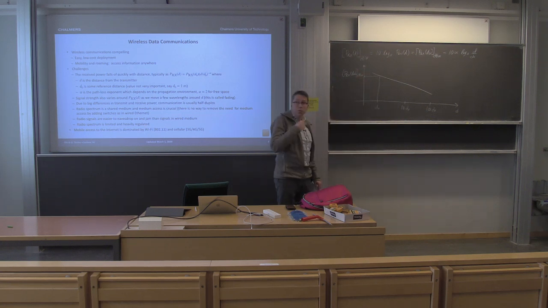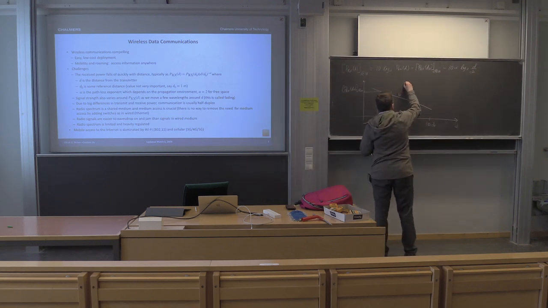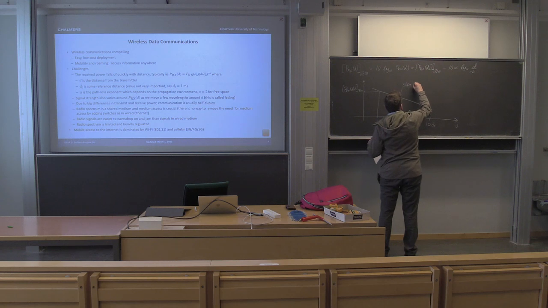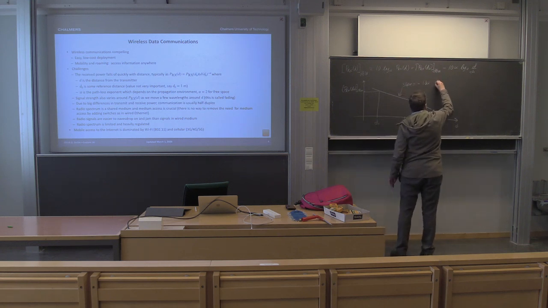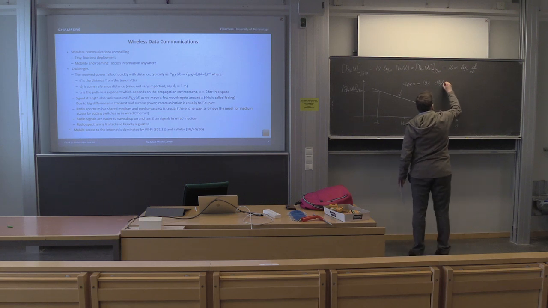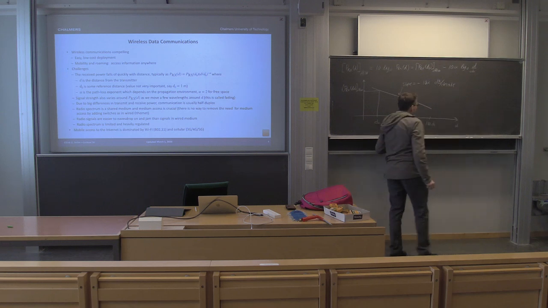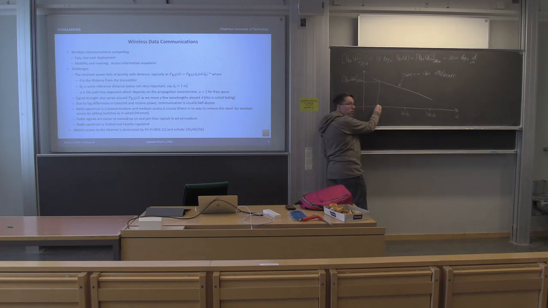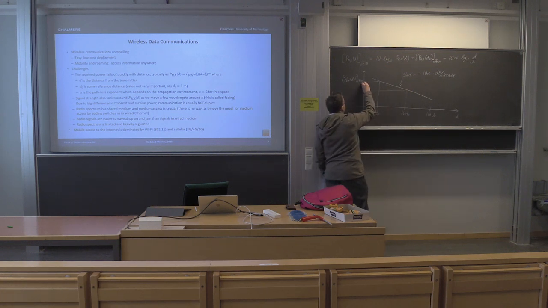And then it falls off linearly here. And the slope is equal to minus 10 times alpha dB per decade. That is, if we increase the distance by a factor of 10, then we lose 10 alpha decibels of received power.